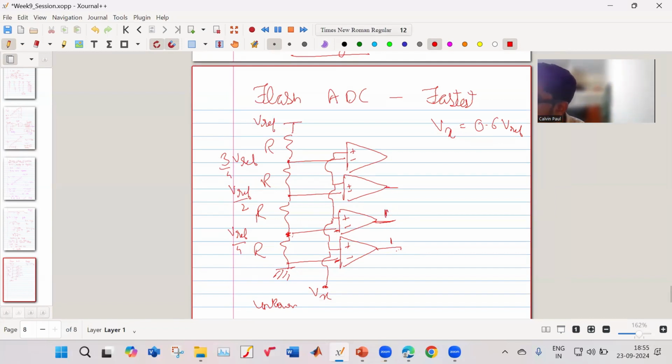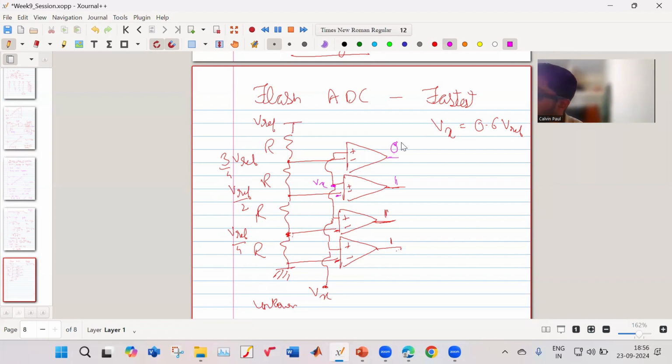Over here, Vx is coming, 0.6 Vref at the positive and 0.5 Vref at the negative, so it will be high here also. Over here, you're comparing 0.6 Vref and 0.75 Vref, so the output will be low. It should be 0.